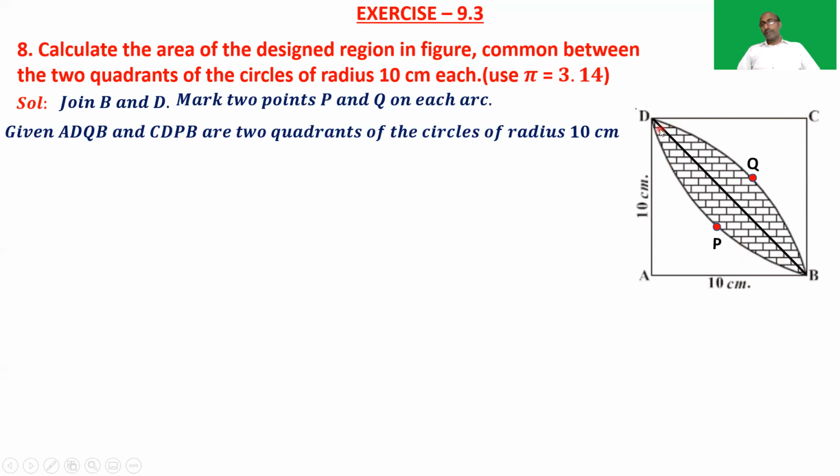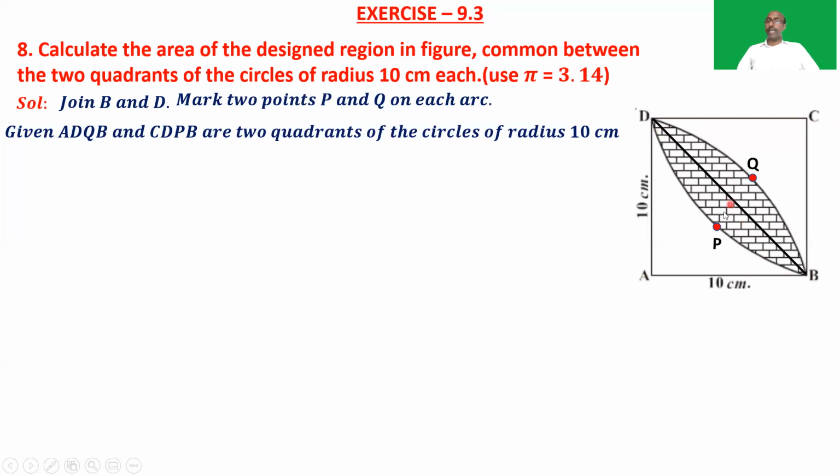Let us take the area of segment DQB. The area of segment DQB is equal to the area of quadrant ADQB minus the area of triangle ADB. That is, by subtracting the area of triangle ADB from the area of sector ADQB, we get the area of the segment DQB. Similarly, we can find the area of DPB.